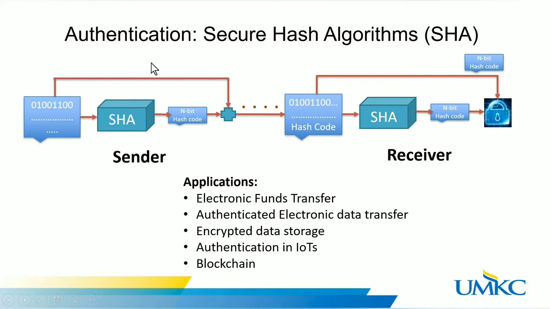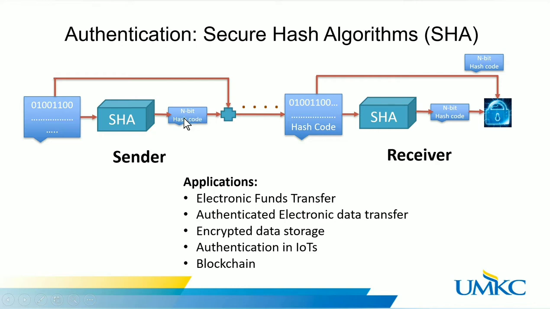For example, think you have a sender and receiver here, and this is the encrypted message. When we send this encrypted message to the receiver, we not only need data integrity, but we also need authentication. To maintain this, we send this message through this hash function or SHA block, which will generate a message digest or a hash code.